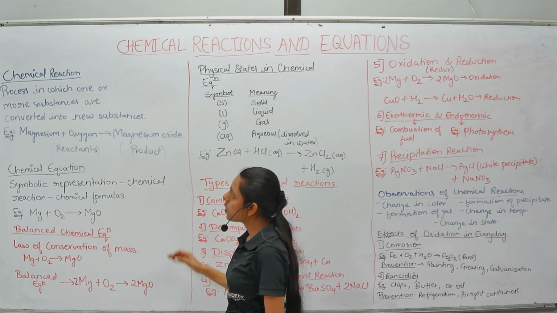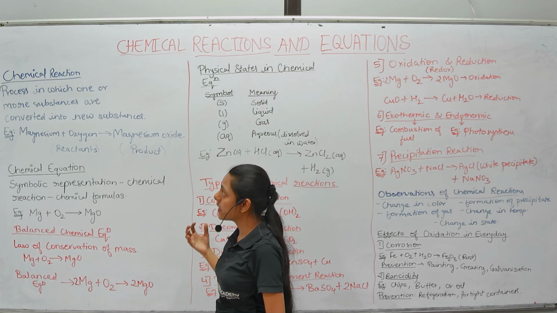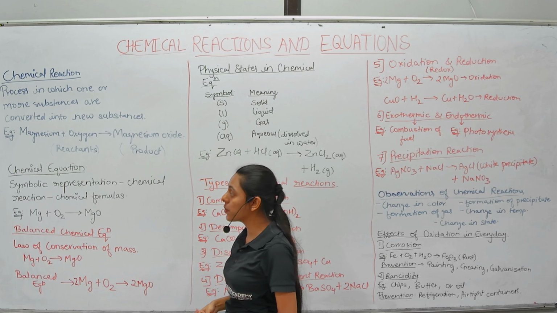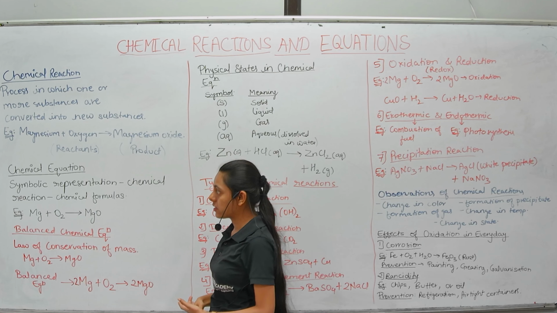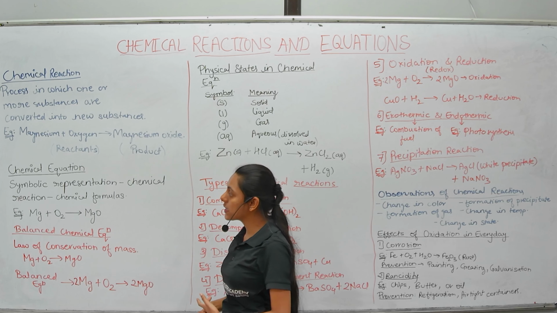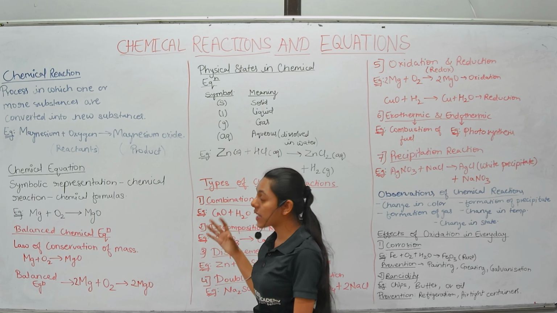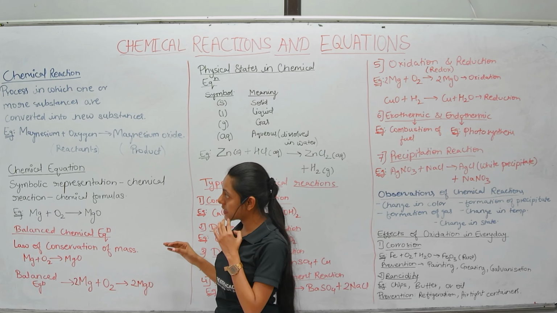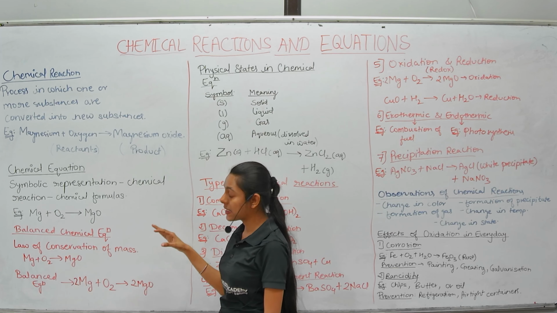Okay, so now when we are writing a chemical reaction, we cannot write it again and again in sentences. So we have to use some symbols. So this will be a chemical equation. A chemical equation is a symbolic representation of a chemical reaction using chemical formulas. The first example we had taken was magnesium plus oxygen.